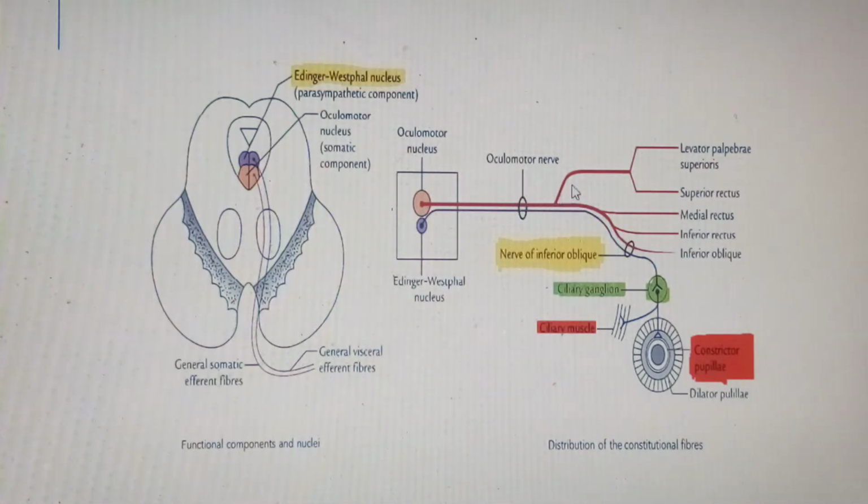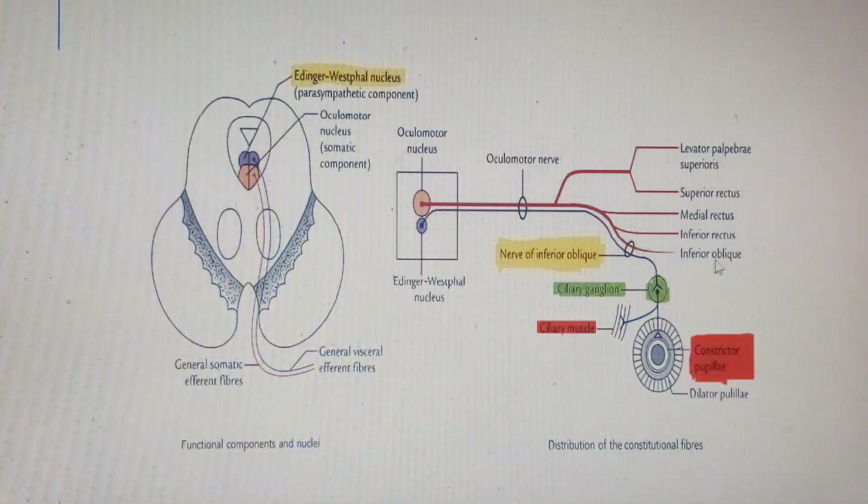We've seen the relation, before entering what we call the supraorbital fissure, we know that this oculomotor nerve divides into upper and lower divisions to supply the extraocular muscles, no problem. But one thing is that one of the fibers supplying the lower division supplies the inferior oblique muscle.